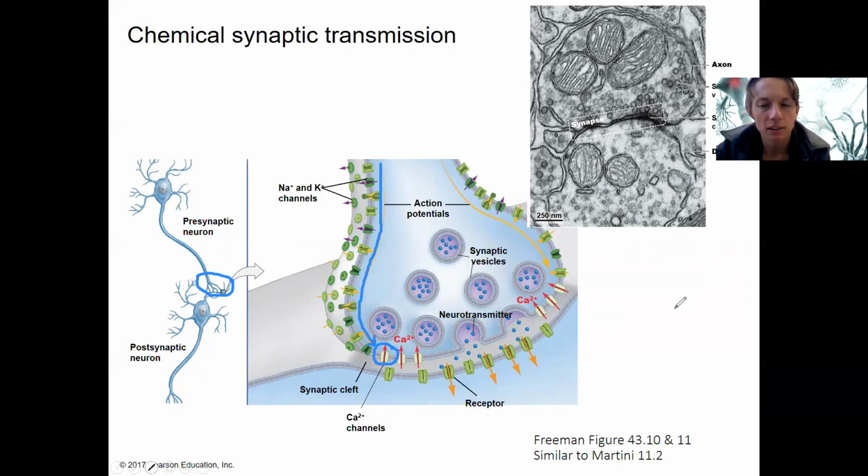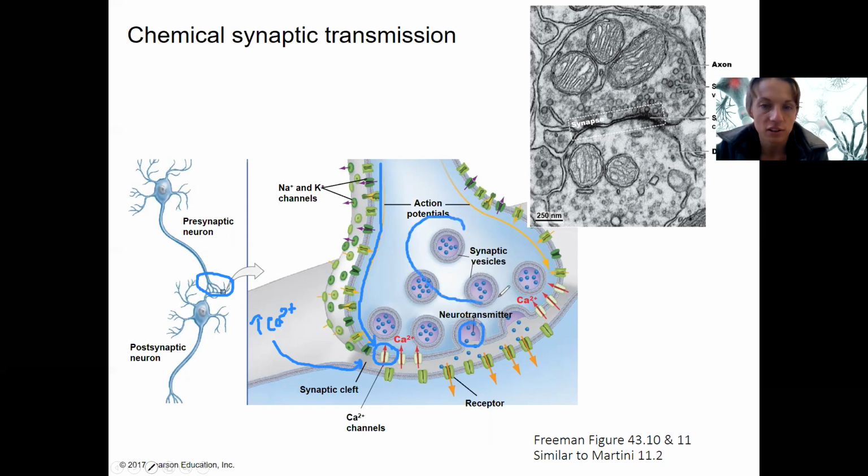What does that mean about calcium concentration inside and outside of the cell? There must be more outside. And I told you, I think last week, that there was high calcium outside the cell. This means that calcium will flow in when those channels are opened. The flowing of calcium inside the cell causes synaptic vesicles to fuse with the membrane and causes the release of neurotransmitters that are just hanging out there inside the cell.